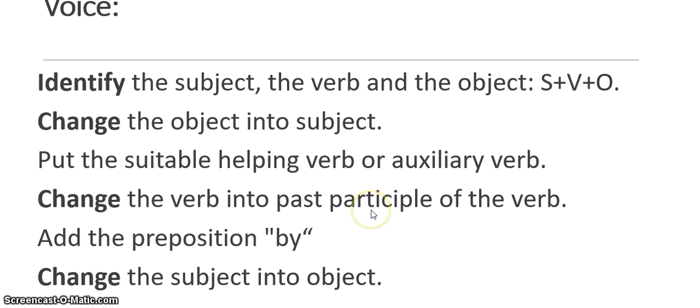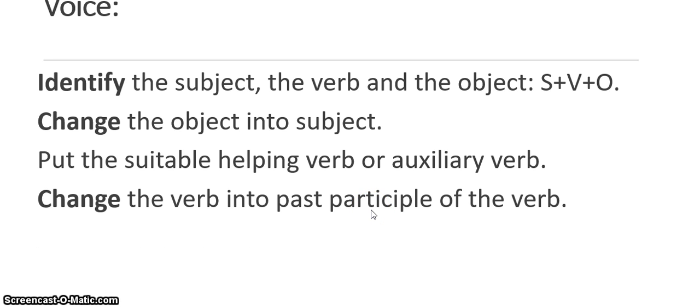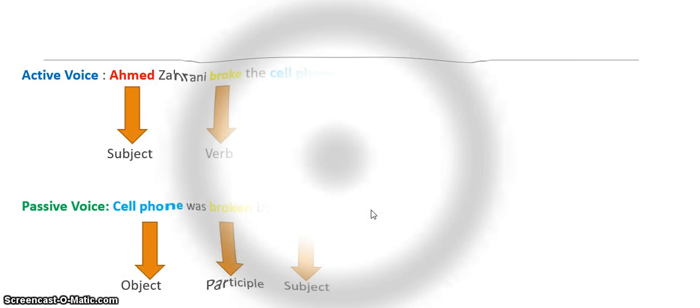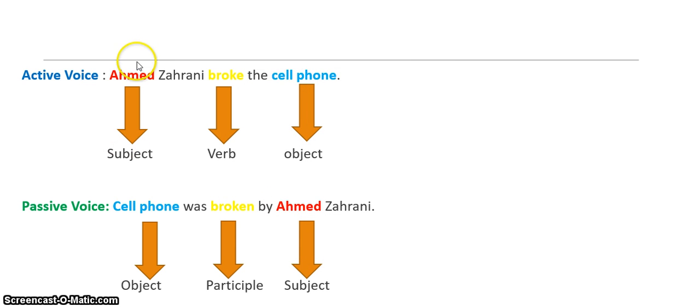If we get back to the previous example, you will see here how we applied all the rules that we discussed. Ahmed is the subject, and when we made the passive voice of this sentence, we brought Ahmed Zahrani at the end. Here it is at subject position, and here it is at the end object position.